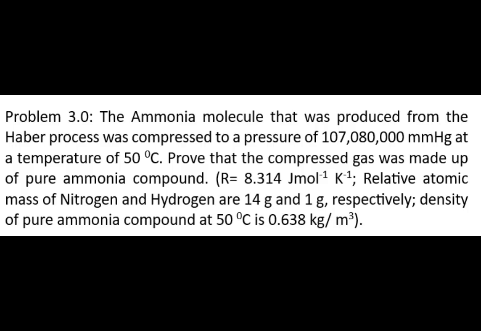R equals 8.314 J/mol K. Relative atomic masses of nitrogen and hydrogen are 14 g and 1 g, respectively. Density of pure ammonia compound at 50 degrees Celsius is 0.638 kilograms per cubic meter.